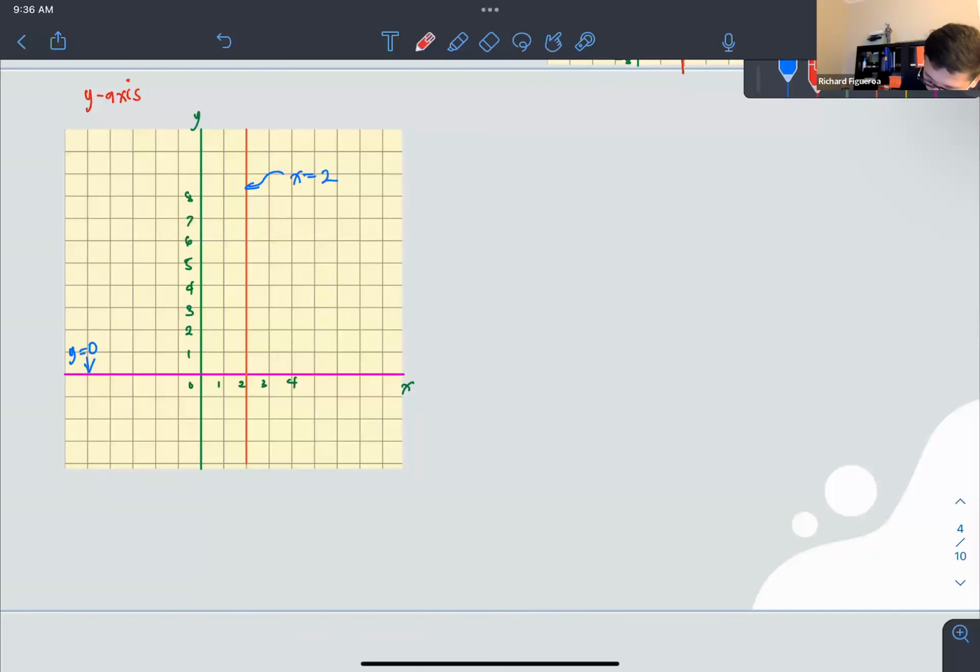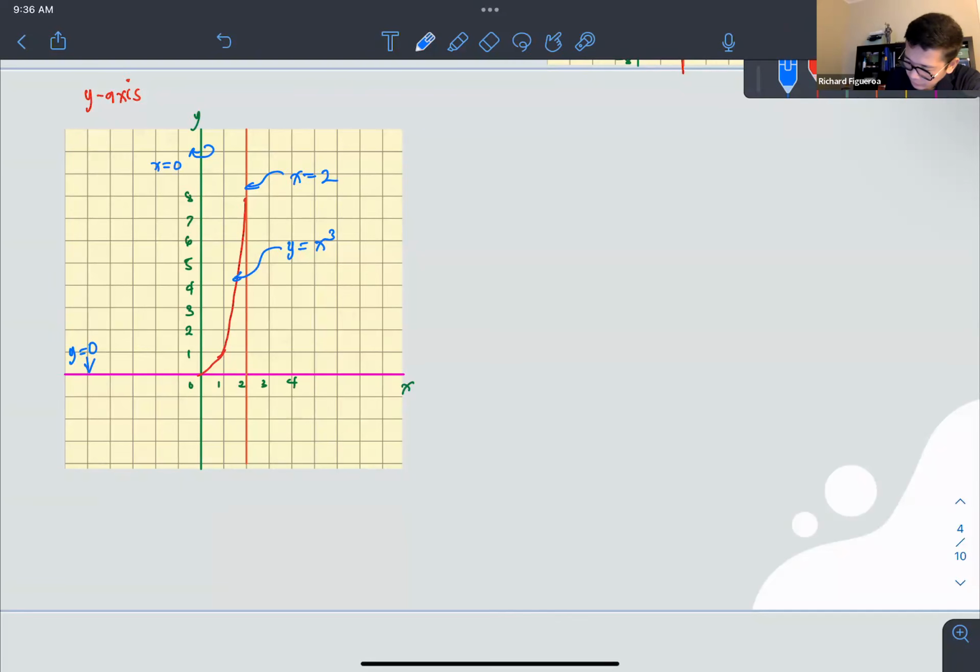And lastly, this is y is equals to x cubed. But then our axis of rotation this time is along the y-axis. If the x-axis is y equals to 0, ang y-axis natin, that is x is equals to 0 naman.